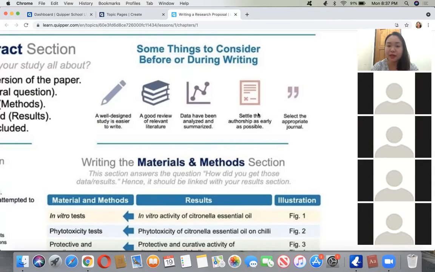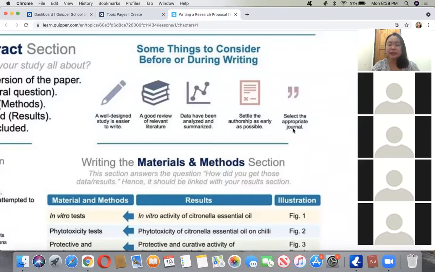But if there are two of you, in other schools their theses are done by groups. In the world of research, there is a ranking of first author, second, third, and fourth. It has a corresponding value, so it should be discussed within the group who deserves to be first author, second, and so on.